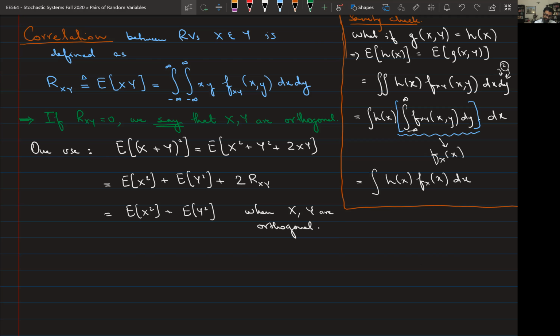Then there's something called covariance. And covariance is defined as covariance between x and y, which is often denoted by CXY and is defined as expected value of x minus the mean of x times y minus the mean of y.